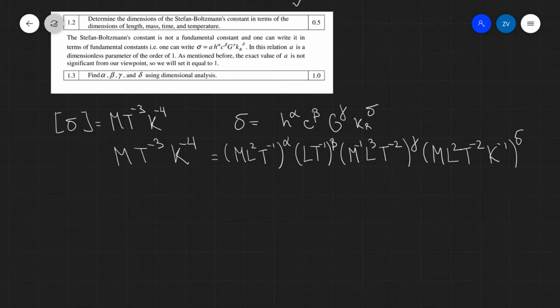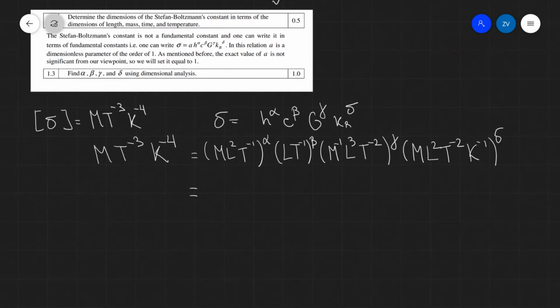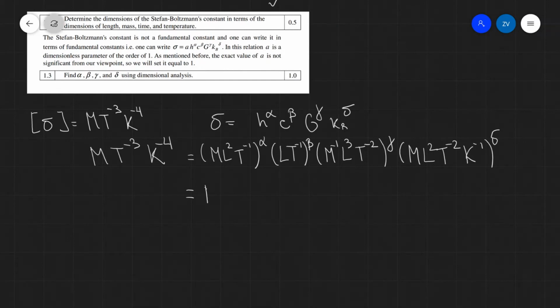So this expression on the right will be equal to m to the power of alpha, L to the power of 2 times alpha, t to the power of minus alpha, L to the power of beta, t to the power of minus beta.